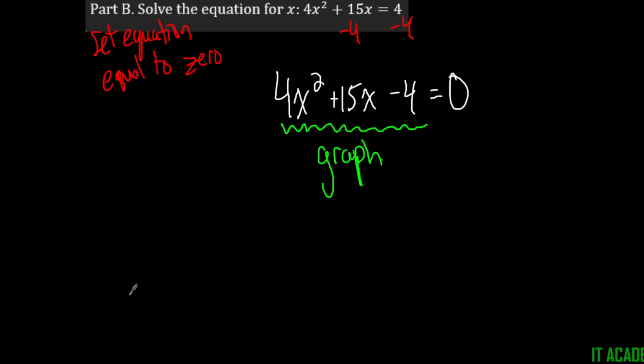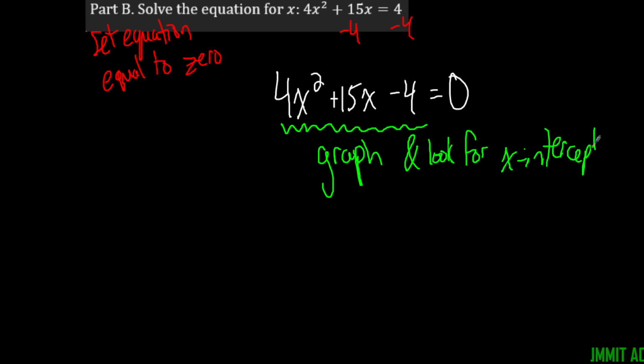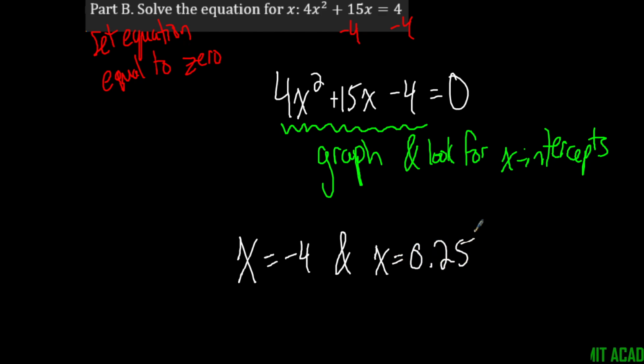So let me say graph and look for x-intercepts. So I'm going to say x equals negative 4 and x equals 0.25. And let me double check those answers one last time. Yeah, okay. Clear that out, and we're good.